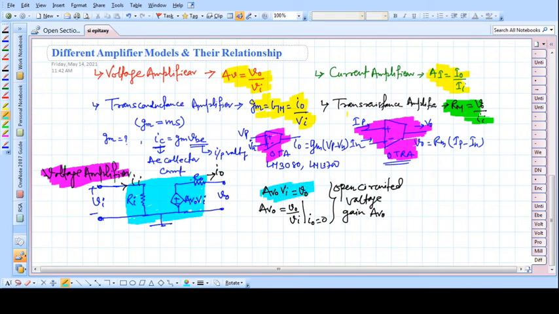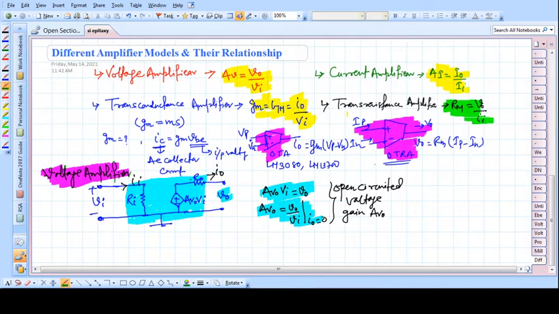The voltage source Vi is the same as V naught when this one is open circuited. So this current I naught will be 0, and the voltage V naught will appear the same as AV naught Vi. So it will give the voltage gain AV naught equals V naught by Vi.